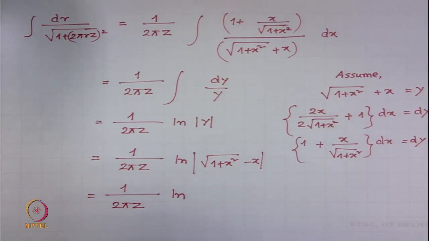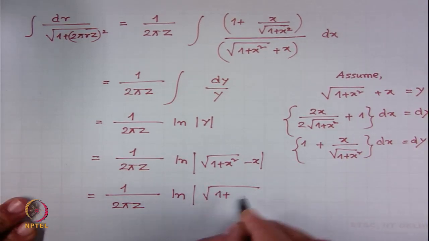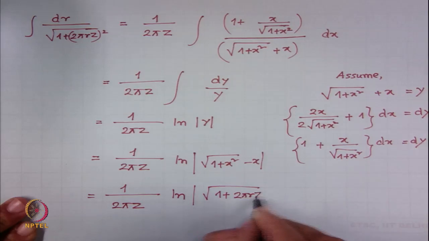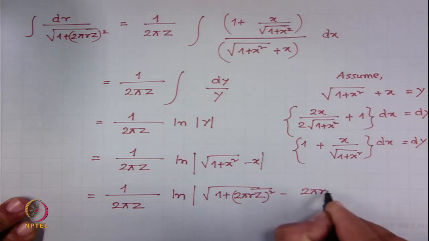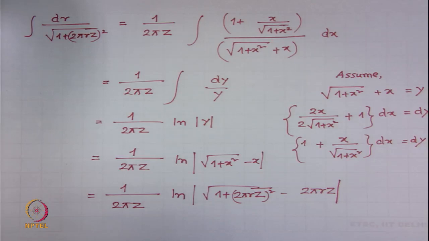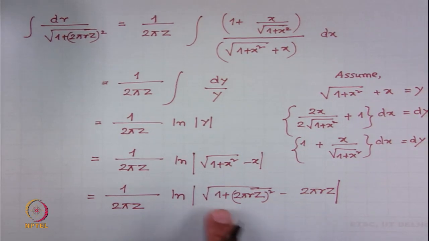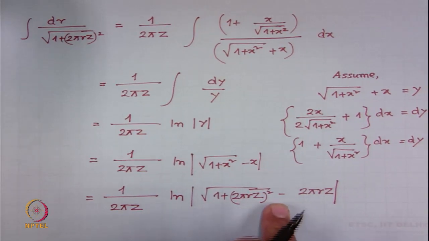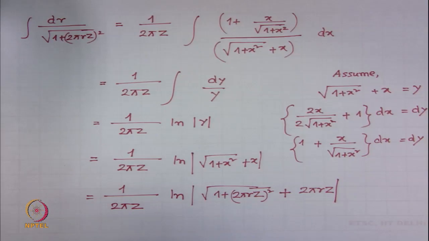X was 2 pi r z, so 1 plus 2 pi r z squared plus 2 pi r z, right. So, 1 by 2 pi z logarithmic of root over 1 plus 2 pi r z square plus, sorry, this must be plus 2 pi r z.